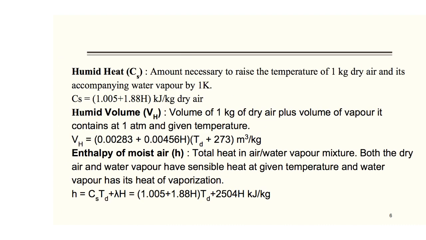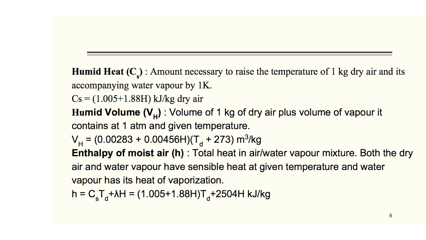So the next psychrometric property is humid heat. It is the amount of heat necessary to raise the temperature of 1 kg of dry air and its accompanying water vapor by 1 Kelvin. It is similar to the specific heat of some materials.